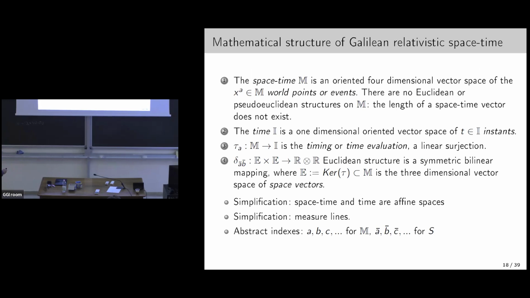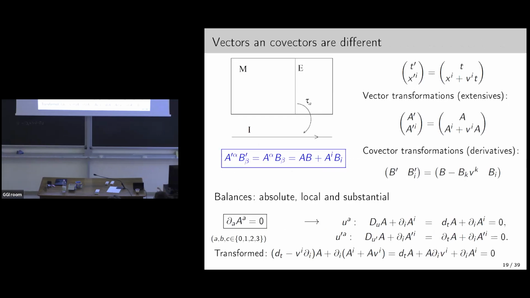That's the minimal representation. There are some fine points, for example, this should be an affine space. In principle, with vector spaces, I will use indices, but those indices do not relate to the foliation. Those are abstract indices in the following.